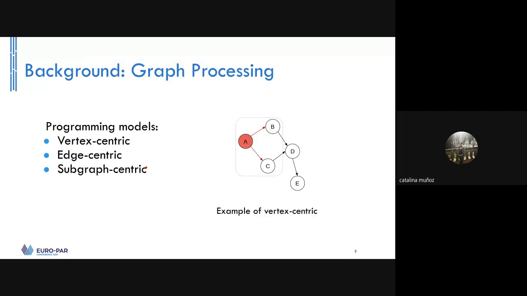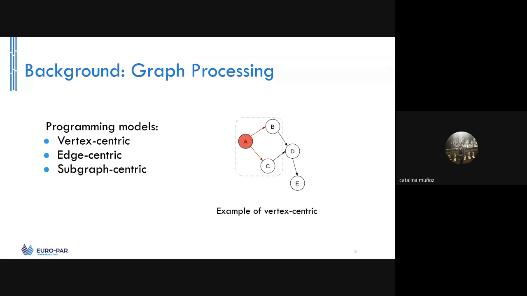So first, graphs are data structures that can model complex relationships between data points, being the vertices of the graph, and the relationships being the edges of the graph. Because they are used in many areas, like networking and biology and others, they are becoming larger and larger and continually growing.